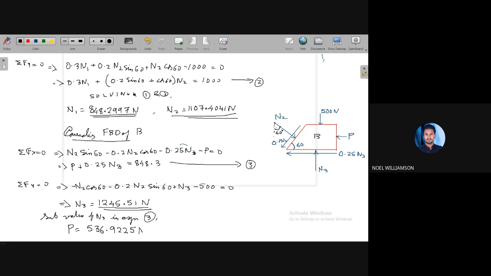You have to get this value. So this is the minimum value of P. This is how to solve for the minimum value of P. In the same way, you can find the maximum value of P. The only difference is the direction of motion will be changing.